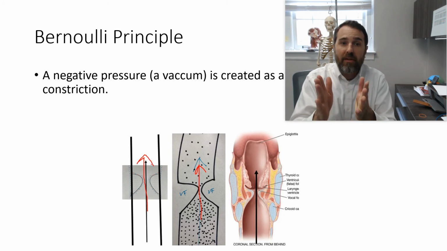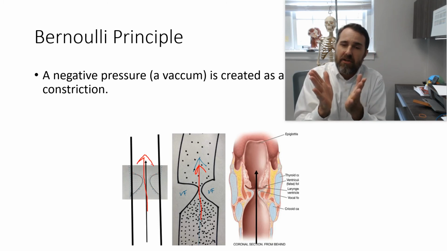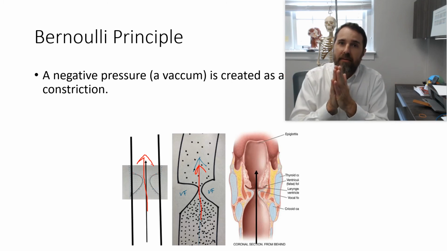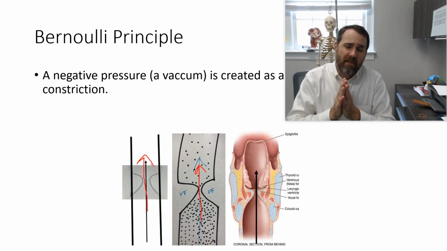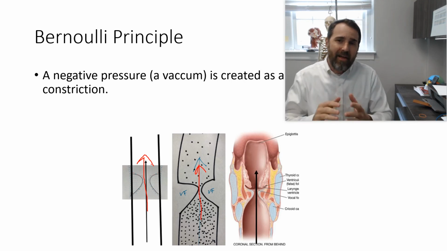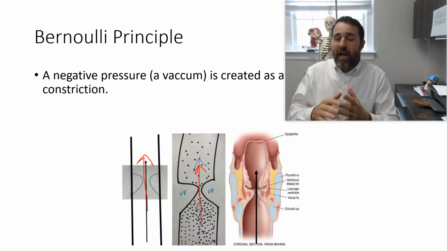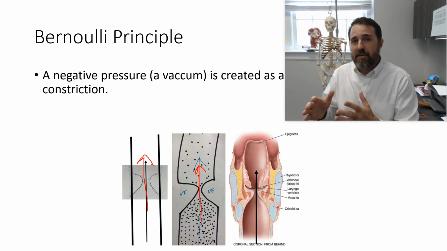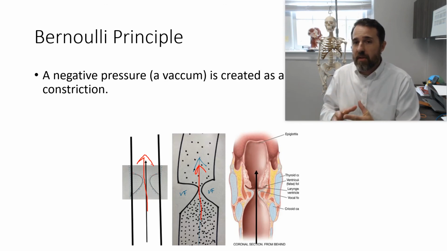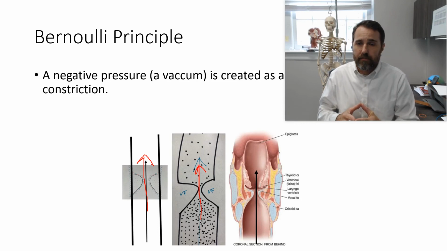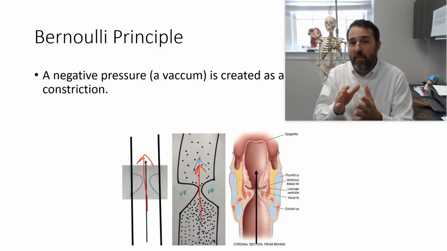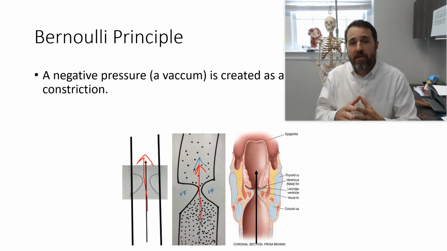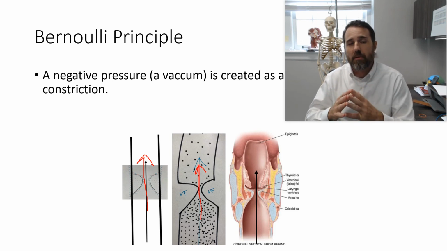And when air rushes between them, it creates a vacuum, a suction. It sucks them back together until they're blown apart again. Air rushes between them and sucks them back together. And that happens however many times per second. That is your frequency of vocal fold vibration. So for me talking at this frequency, that's probably happening 150 times per second or somewhere thereabouts.